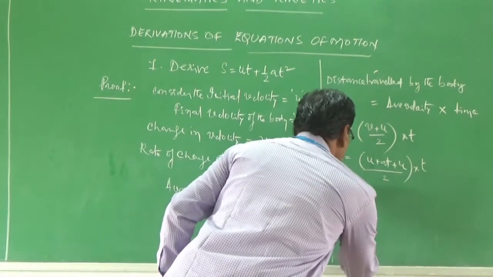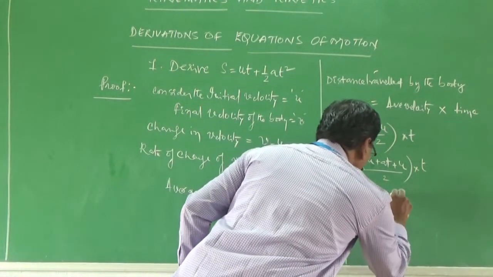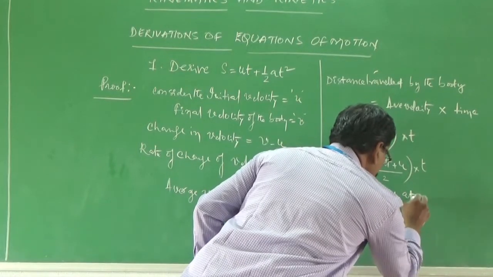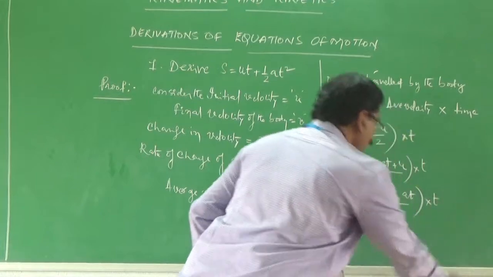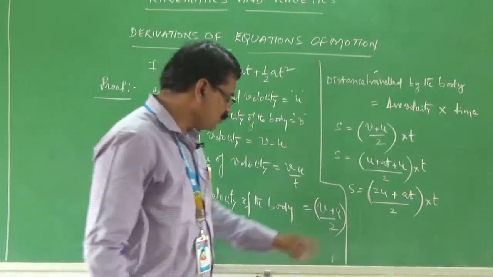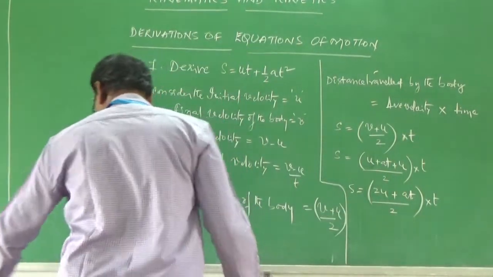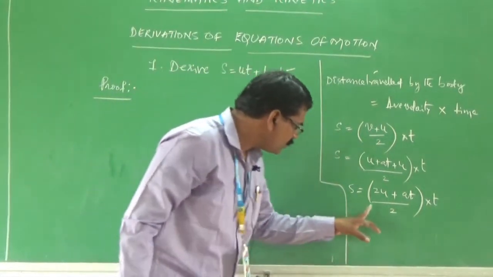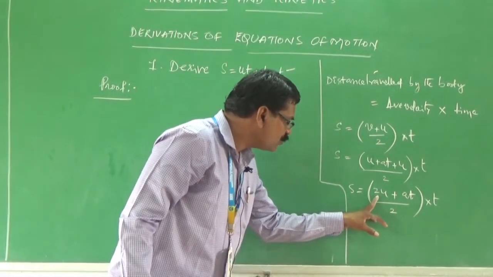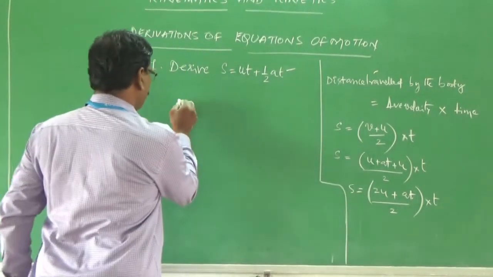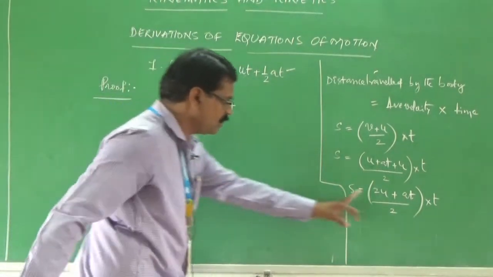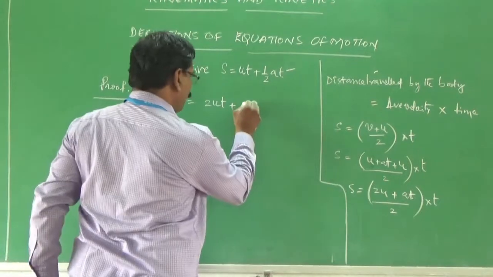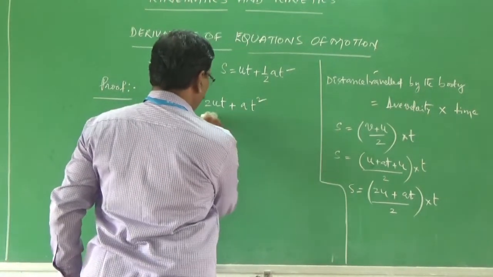Therefore, S is equal to (2u plus at) by 2 into t. Now after simplifying this part, S is equal to (2ut plus at square) by 2.